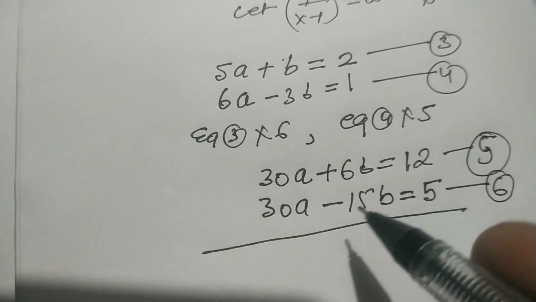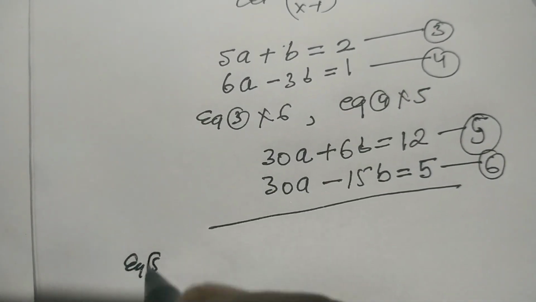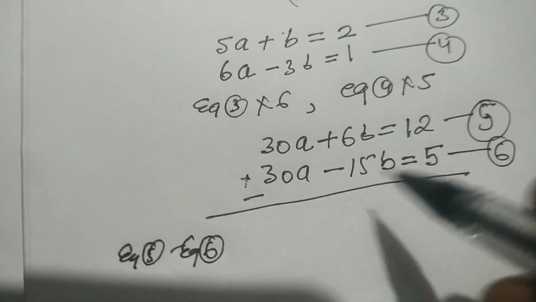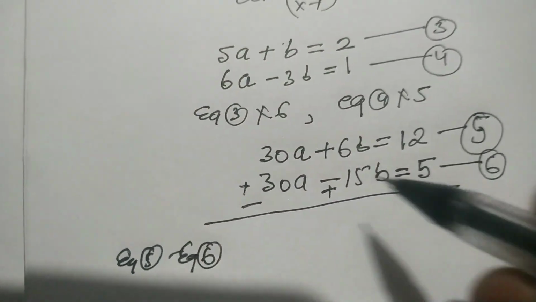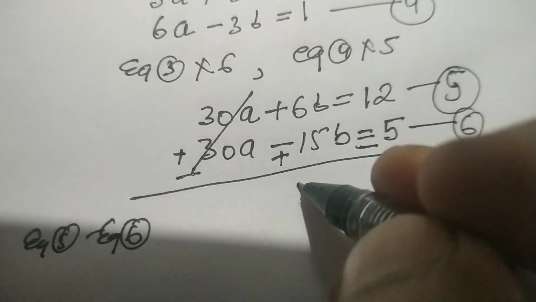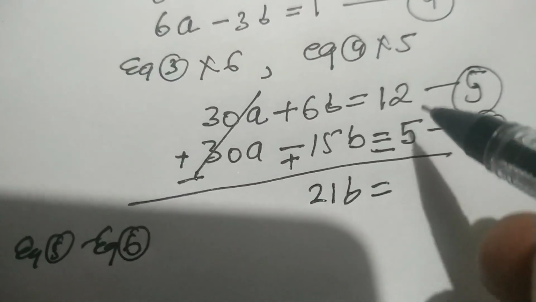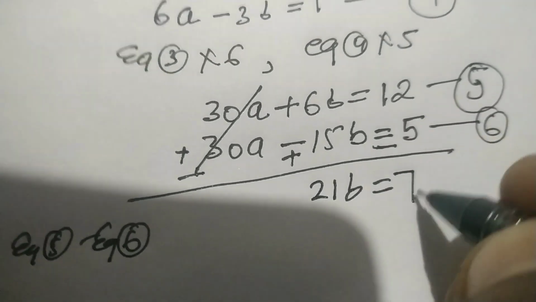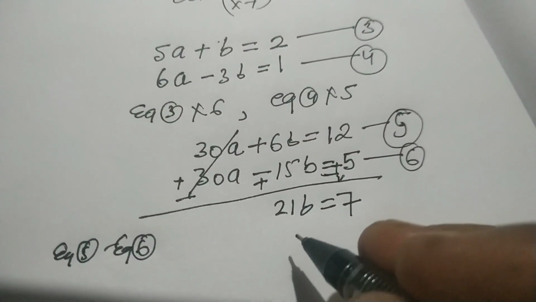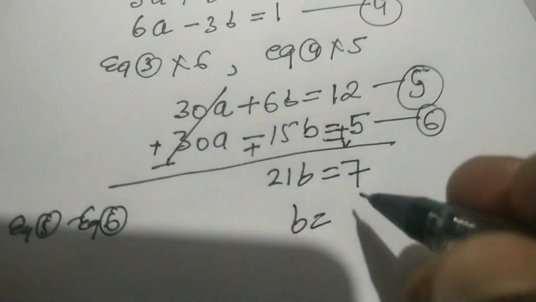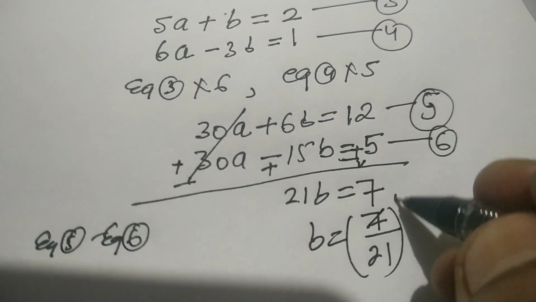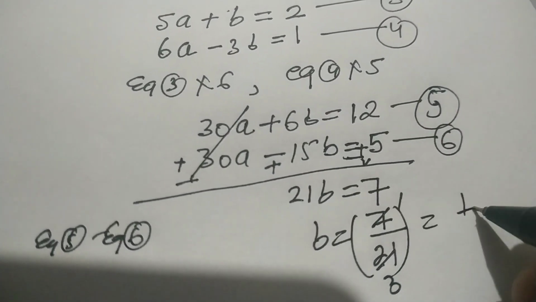So now we will subtract equation 6 from equation 5, which means the signs will change. The a terms cancel out, and 6 plus 15 gives 21b is equal to 12 minus 5, which is 7. Now b is equal to 7 upon 21, which is 1 upon 3.